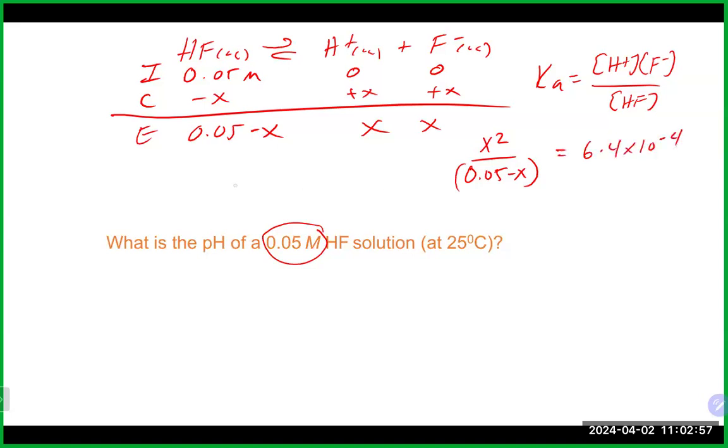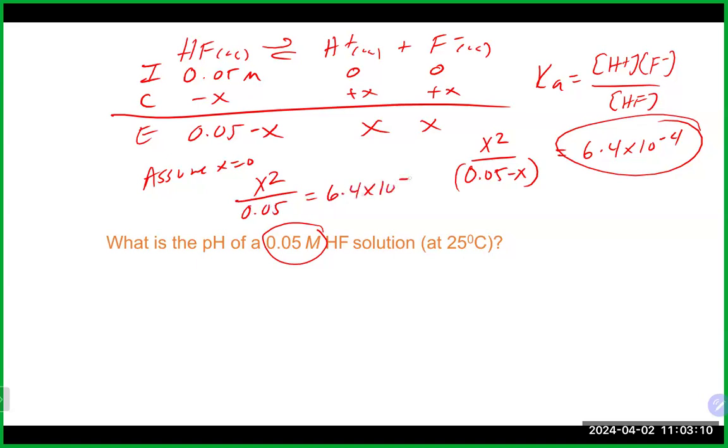So in this case, if we assume x is equal to 0, and again, we have the same K value, that will give us x squared over 0.05 is equal to 6.4 times 10 to the minus 4. Once again, we're going to multiply and then take the square root of it.